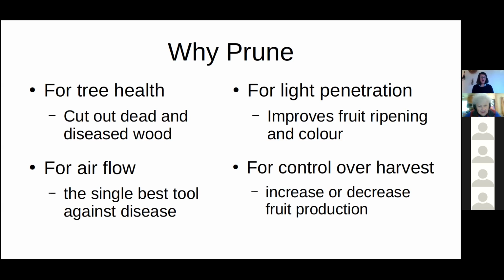So why prune? The next thing I want to talk about is pruning goal here. So if you've got a young tree or an established tree. On a young tree, you're going to be pruning for form and structure mainly. You want a strong main leader to encourage branching. You're going to shorten your laterals to encourage strengthening of your wood. You're going to train the branches to the desired shape.